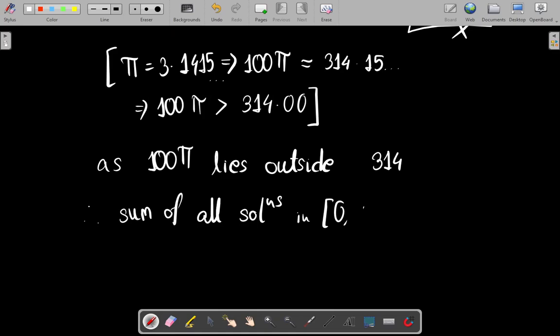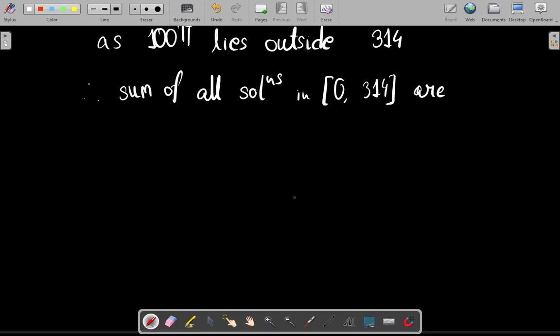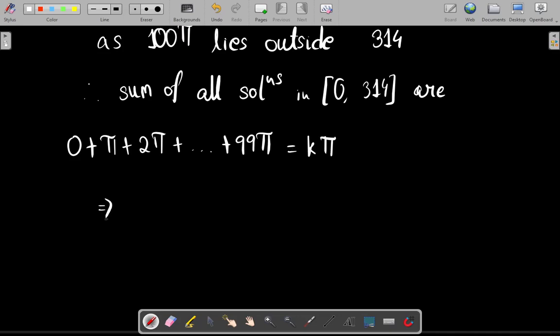Therefore, the sum of all solutions in 0 to 314 will be 0, then π, then 2π, and it will go up to 99π. 99π will be inside 314, and the sum of all this is equal to kπ. This is the sum of n integers, so this is n(n + 1)/2.